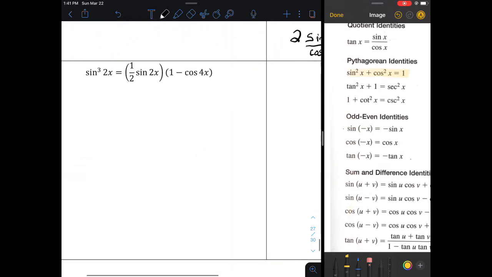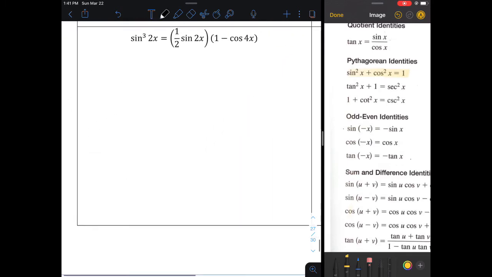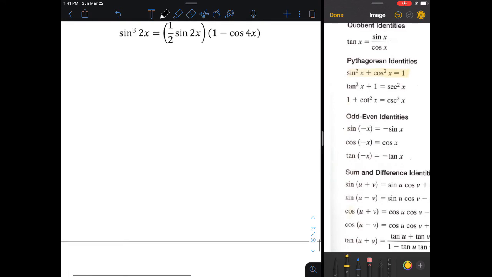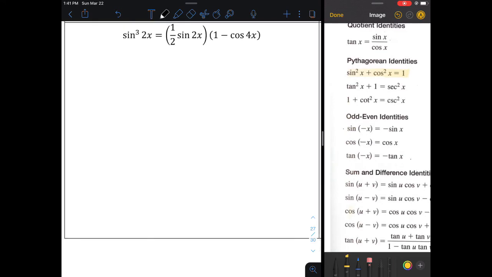All right, and I got 2 more examples here in this video. So try and use as many different identities as we can. So now here in this one, I have sine cubed of 2x equals 1/2 times sine of 2x times 1 minus cosine to the 4th x.